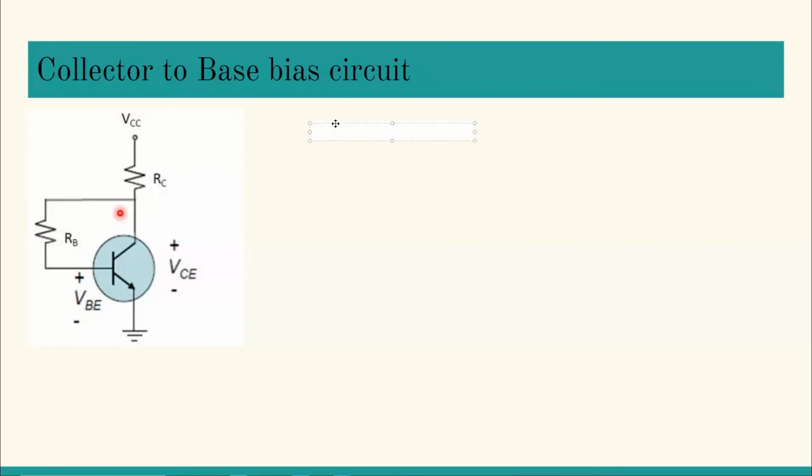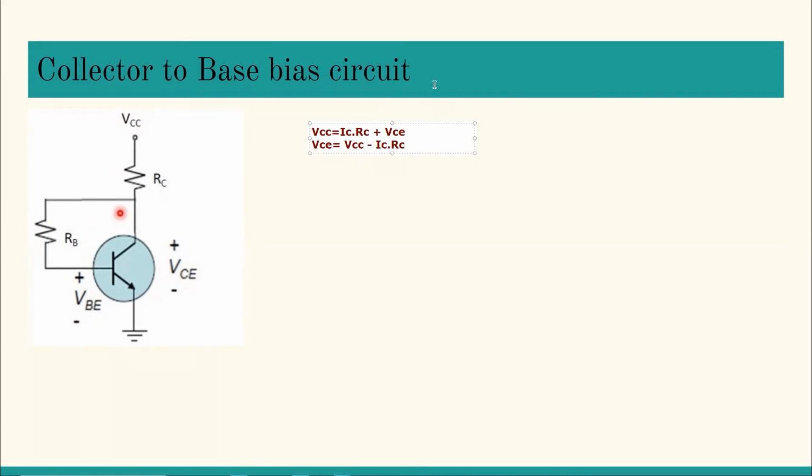I can write VCC equal to ICRC, because there is going to be a voltage drop across it, plus VCE. Okay, so according to this equation, what will VCE be? VCE equals VCC plus ICRC. Oh, not plus, I'm extremely sorry, it goes to the other side so it will become minus, right?